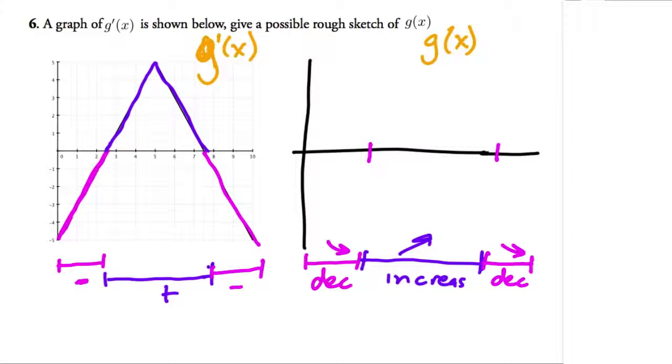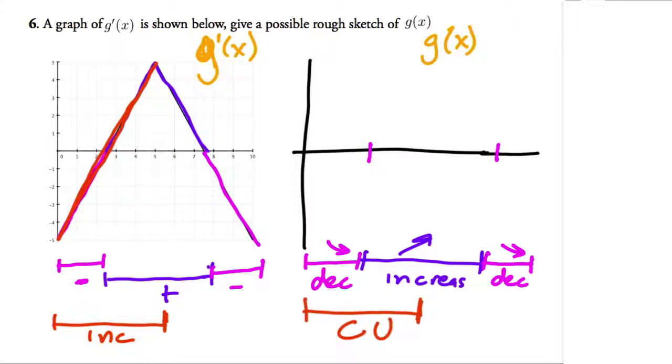Now the other part of it is the concavity. To take a look at that, we need to look at whether the derivative is increasing or decreasing. So notice that for this whole section right here, our derivative is increasing, which means that your original function would have to have been concave up.